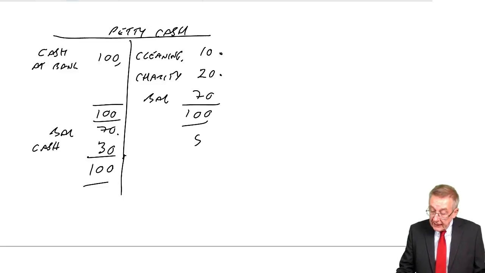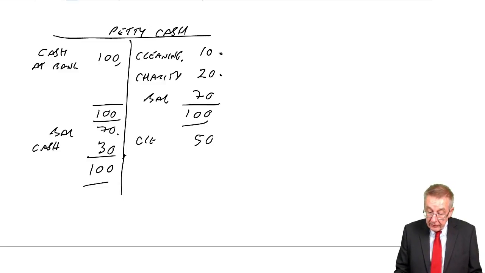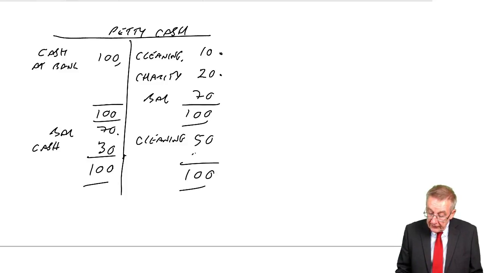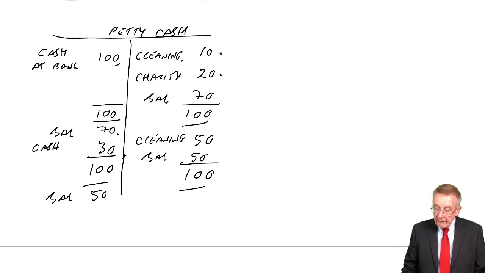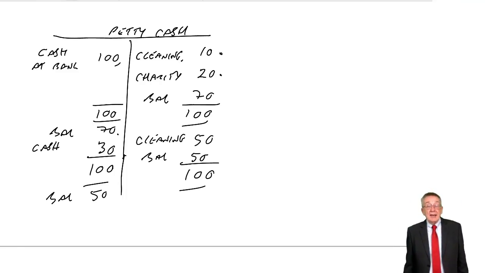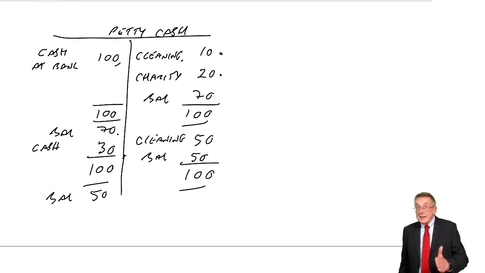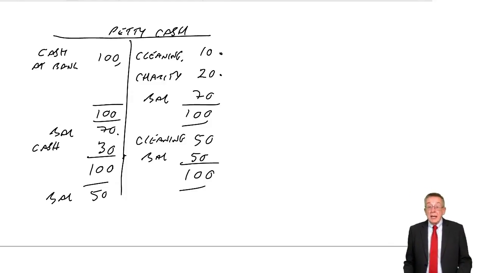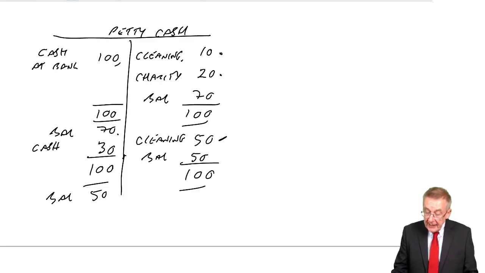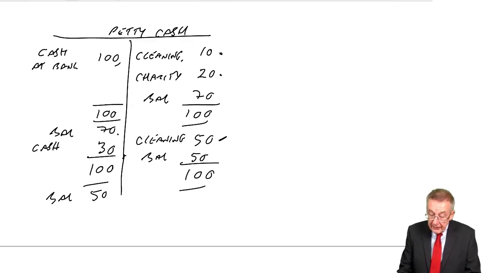Next week, they spend 50. Credit, cash, debit, cleaning, whatever it is. And so there's 50 left. And they come at the end of the week and say, can I have more cash? And I say, yes. Show me the receipts for what you've spent this week. They've spent 50. So you can have another 50.